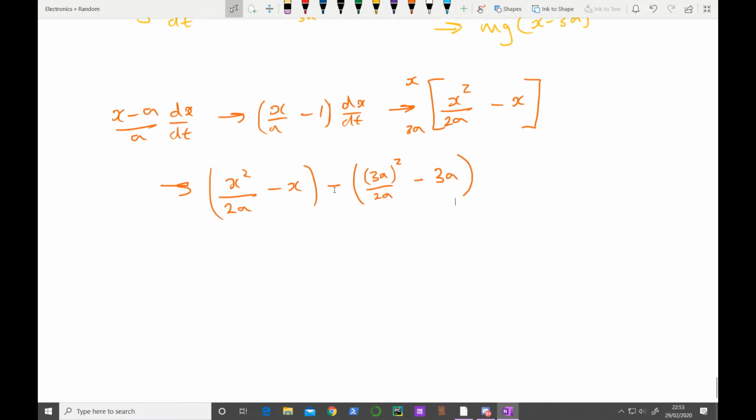So our expression therefore becomes, once I do the arithmetic and I rationalize the denominators, so I make the denominators the same, I'm left with x squared over 2a minus 2ax over 2a minus 9a squared over 2a plus 6a squared over 2a.